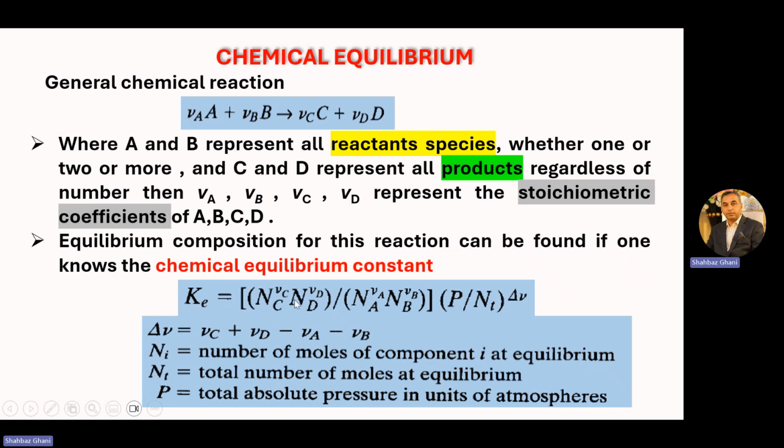So Ke is found from this equation, where this is the description.